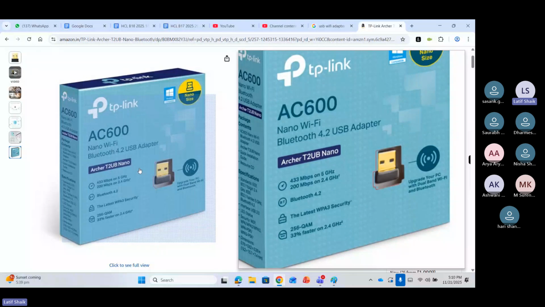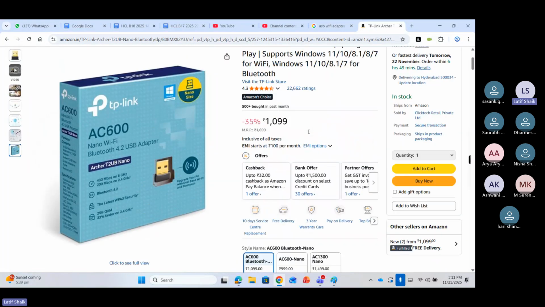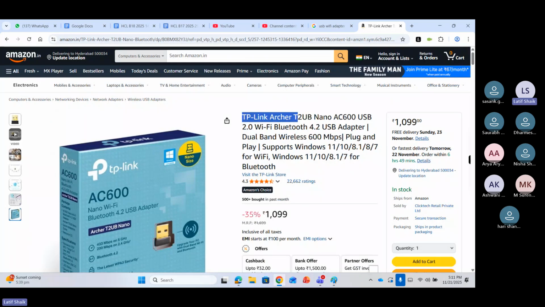From this one, we can get both 2.4 and 5 GHz connection. I need 5 GHz, so it is better to buy one that supports 5 GHz. In my laptop 2.4 is already there, so I need 5 GHz or dual band.